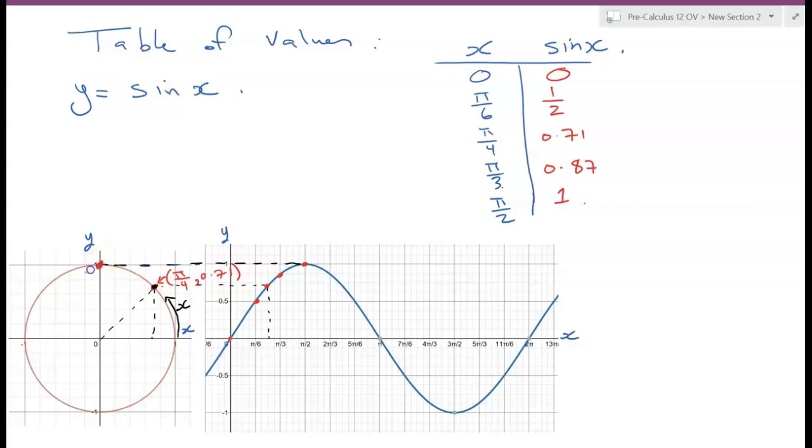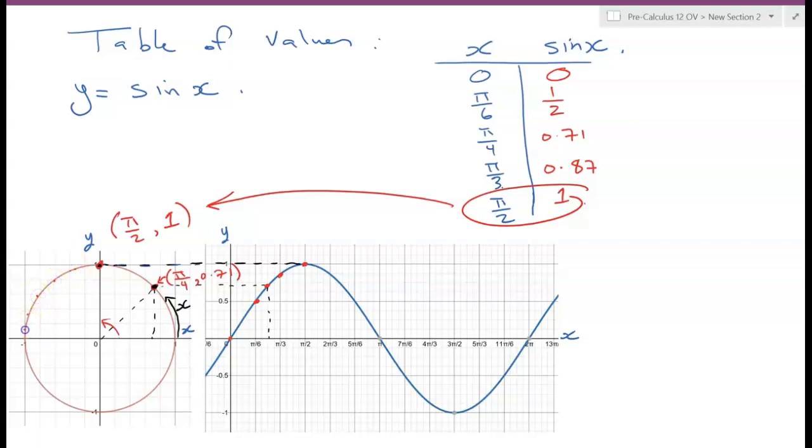This coordinate right there, the x value, because you're looking at the theta, is pi over 2, which is 90 degrees, and the value of y is 1, which is right here. So it's mapping each one of these as you go around the circumference of the circle. As you rotate through, these coordinates map as well.